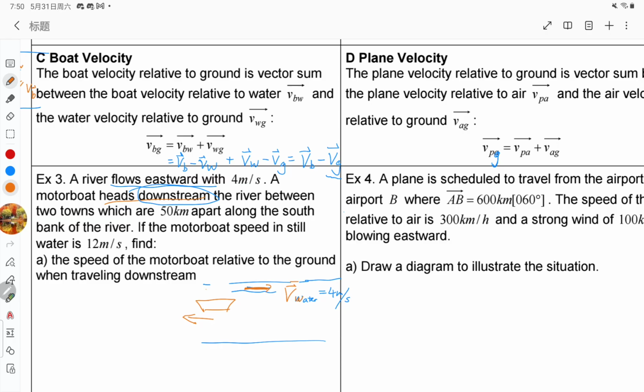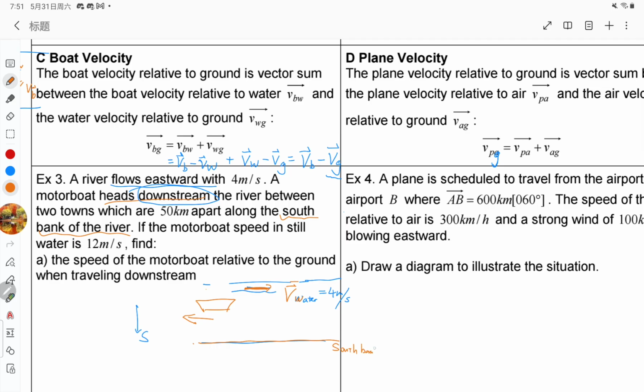Downstream is the opposite direction that the water flows, right? Let's see this right now. And then between two towns which are 50 kilometers apart along the south bank. South is going down this way. It's the south bank, right? See the language? Along the south bank of the river. So the bank is here.